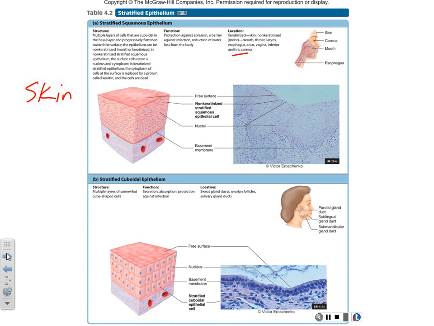Because the cells that surround the egg, they're called follicles. They later become the corpus luteum, which will release hormones, progesterone and estrogen. Okay, so anything that is going to secrete something is going to be a high volume, cube-shaped cell. Right? Anything that's going to have diffusion is going to be a flat kind of cell. Right? So that's that. Stratified cuboidal.